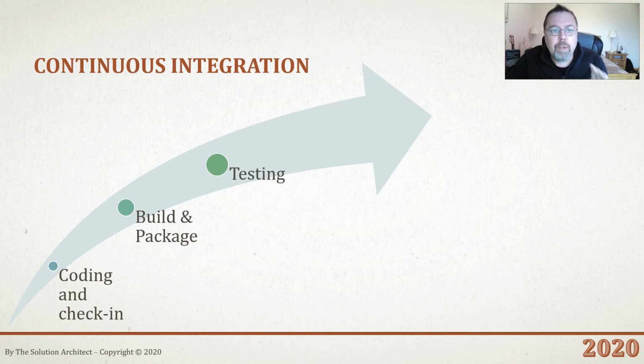You want to automate your user interface testing as well as integration testing and things like that. Is your code running the way it's supposed to run? Also part of this, you want to do some code vulnerability checks, some security checks on your code, and check the quality of your code as well. Make sure that your code is the quality that you're expecting, and then make it ready to be published.